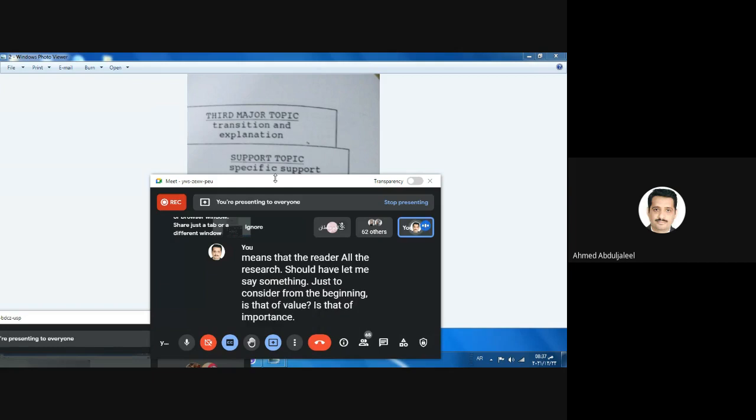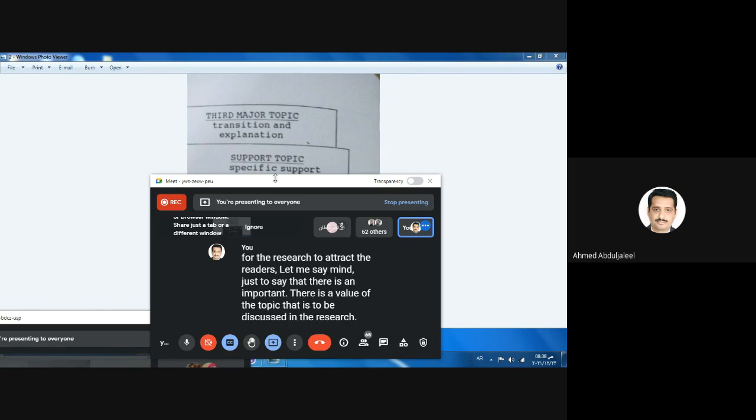This is our job when we consider the introduction for the research: to attract the reader's mind, to say that there is an importance, a value of the topic that is to be discussed in the research.